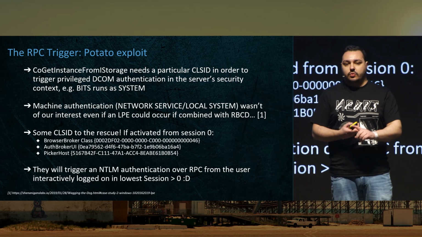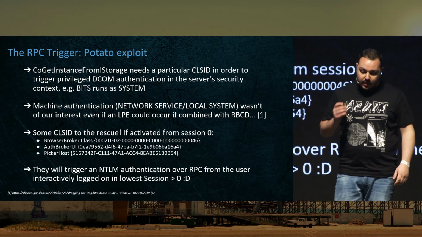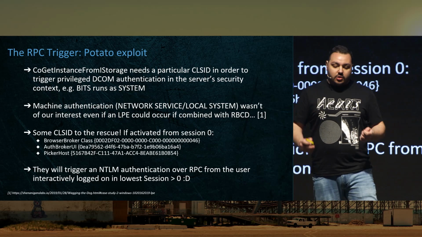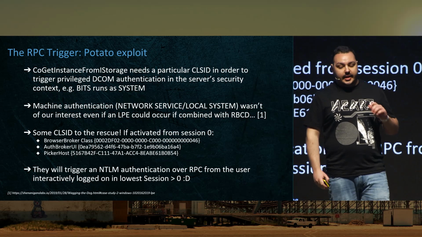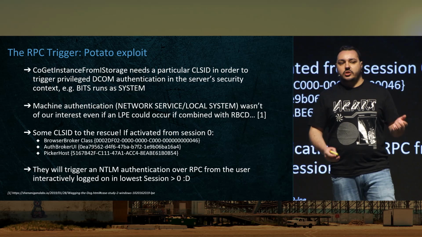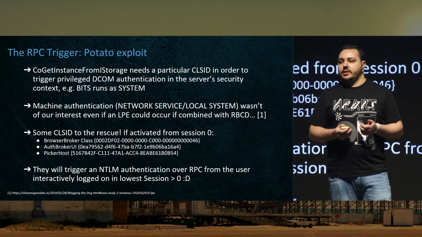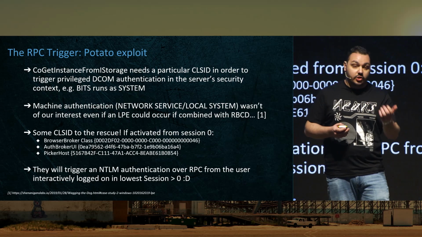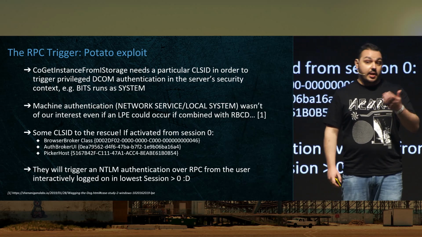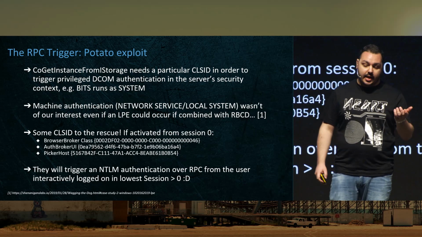If you combine this with RBCD, okay? During our research, we discovered that there are some particular CLSIDs that, if activated from session 0, so imagine session 0 is when you, as an attacker, have an SSH shell or a WinRM shell, okay, you are actually in session 0, or also a task scheduler.